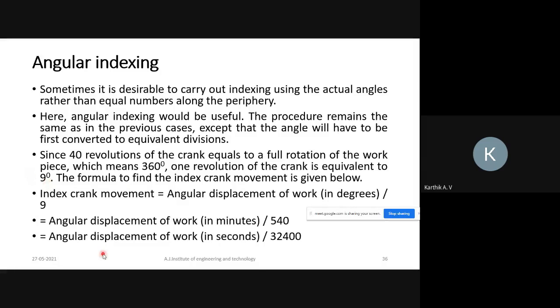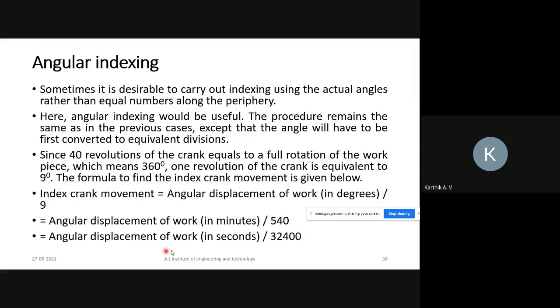Next, index crank movement is equal to the angular displacement of the work in degrees divided by 9. Understood? Next, take down the formula in terms of minutes. Sometimes we calculate in terms of minutes, so there you multiply by 60. 60 into 9 is how much? 540.